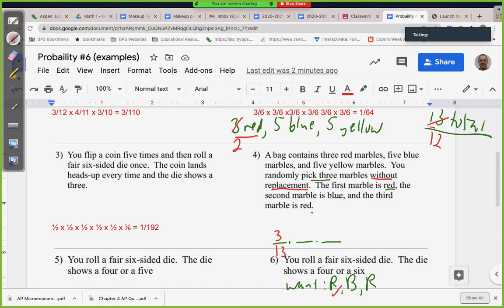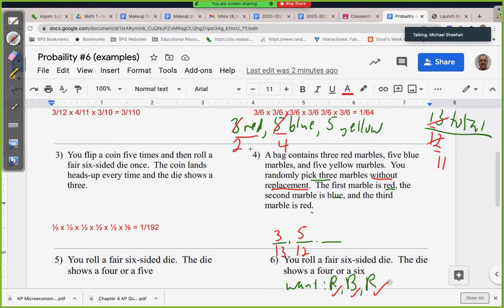All right, so I took care of the red. Now I want to get blue. Well, there's still 5 blue, but now there's only 12 marbles. So 5 out of 12 is my probability of getting a blue. And let's say I got what I'm looking for. Now there'd be only 4 blue left and 11 total marbles. Now I want to get another red one.